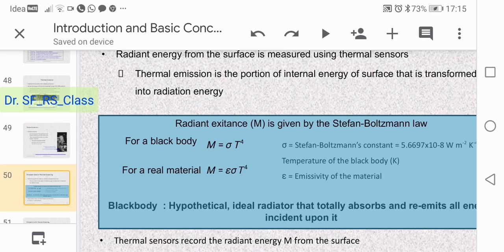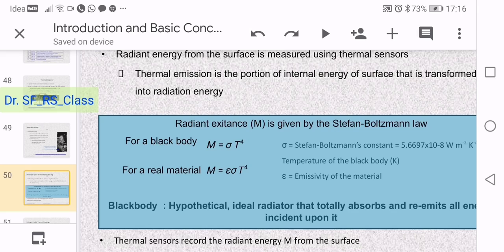A black body is the hypothetical ideal radiator that totally absorbs and totally emits all the energy that is received on it. It completely absorbs all the energy received, and it's a hypothetical body, and completely re-emits all the energy incident upon it.